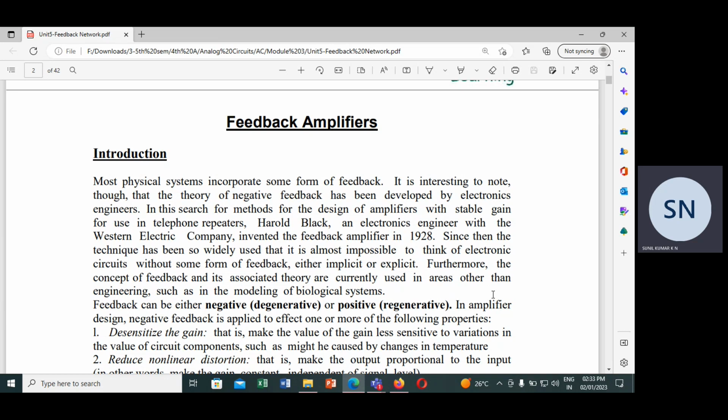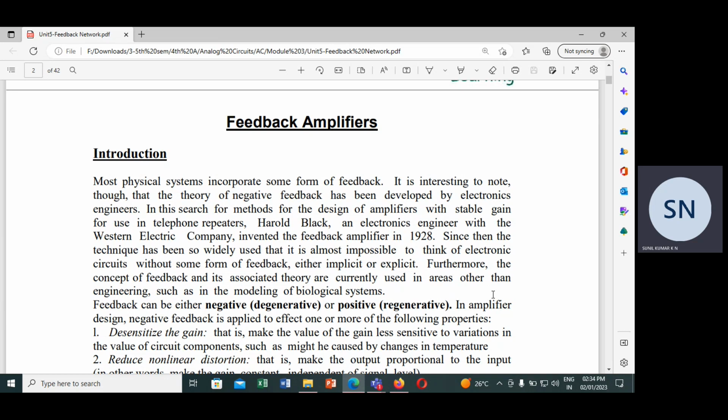After understanding that amplifier, next we are going to see the amplifier along with the feedback network, and how the circuit is going to work. I already mentioned in the last class, when I was discussing the oscillator, that the output is given to the feedback network, and from the feedback network it is given again to the input side. In oscillators you should assume that it is positive feedback.